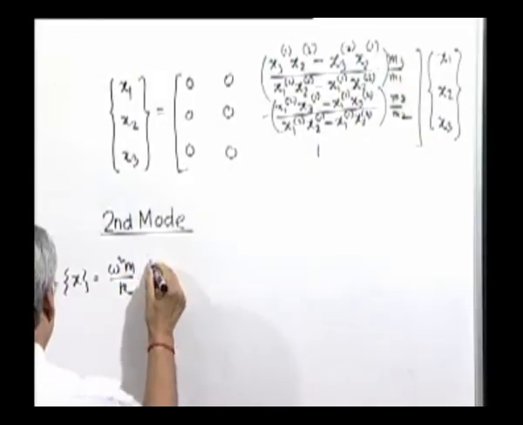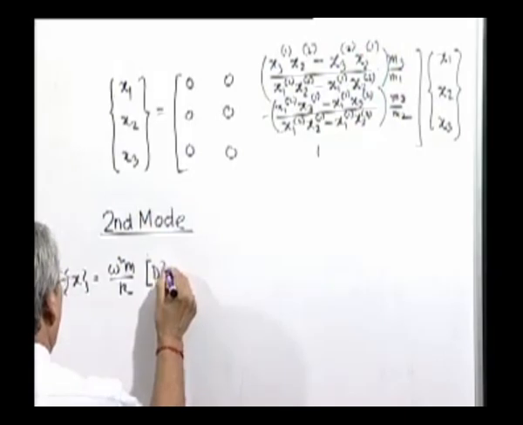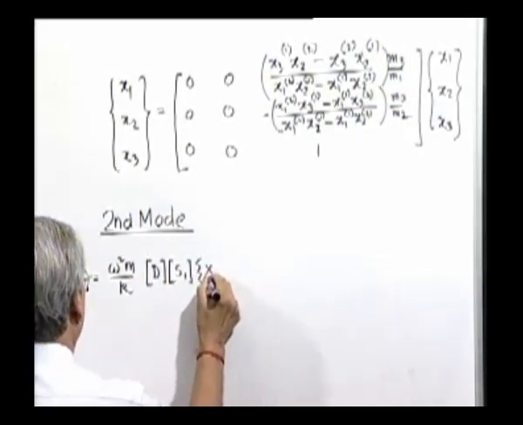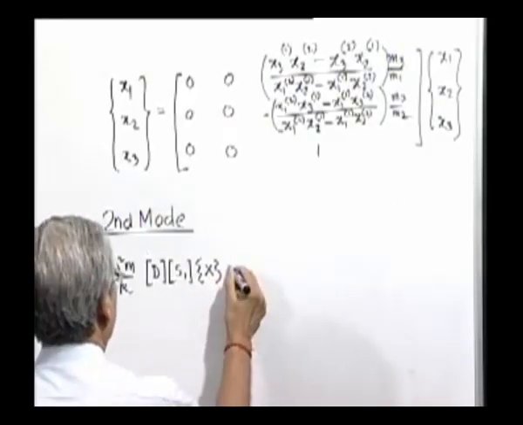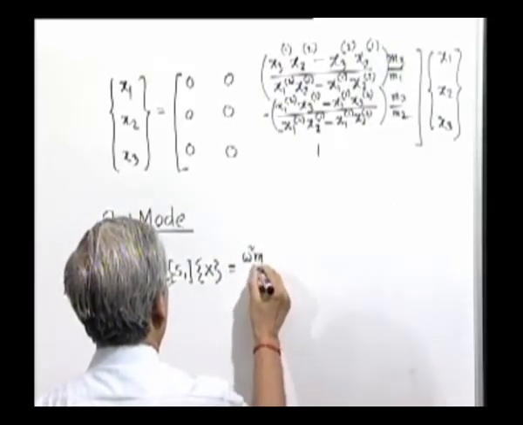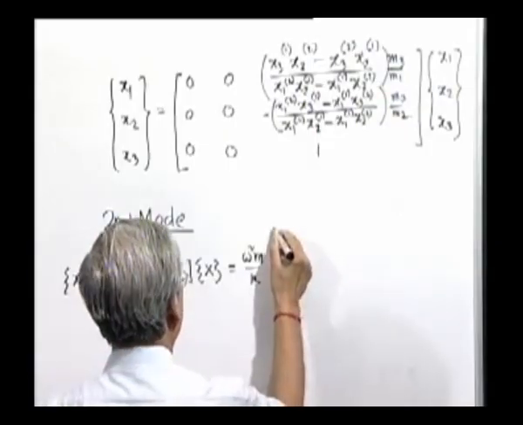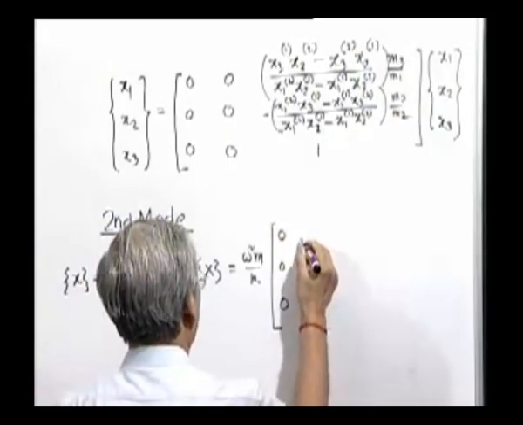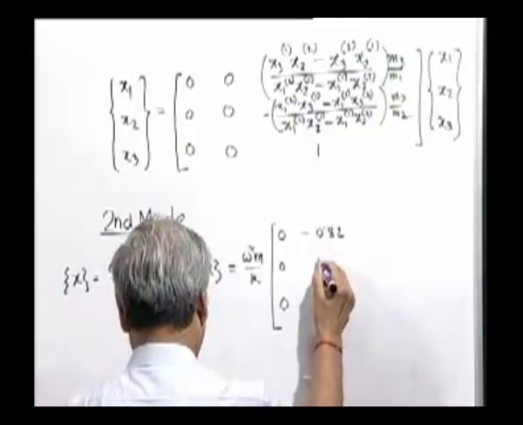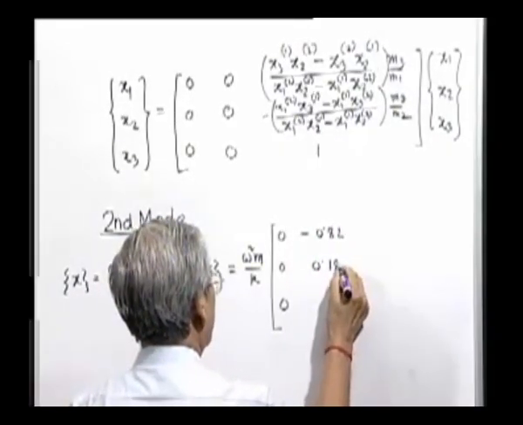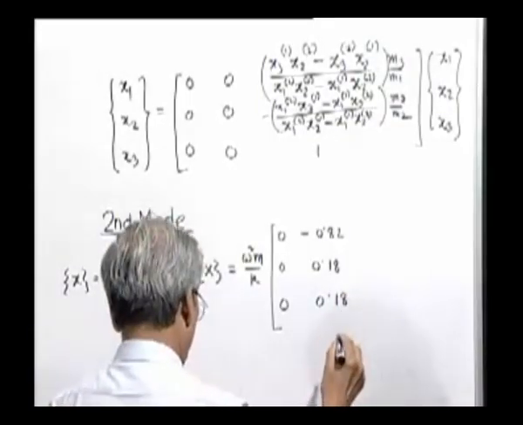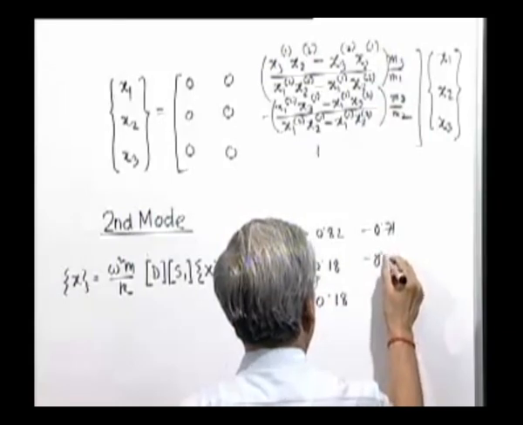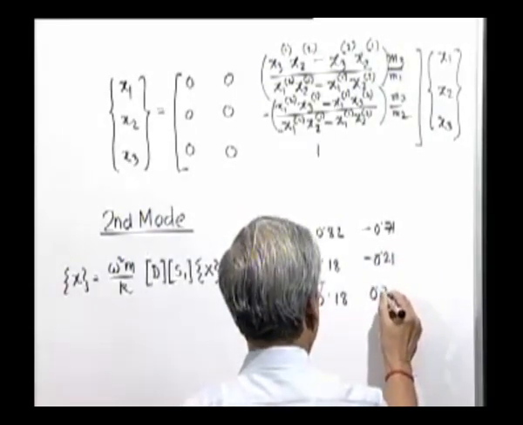Here is the D matrix and the sweeping matrix for the first mode into x, and this becomes omega square m by k, in this case 0, 0, 0, minus 0.82, 0.18, 0.18, minus 0.71, minus 0.21, 0.79.